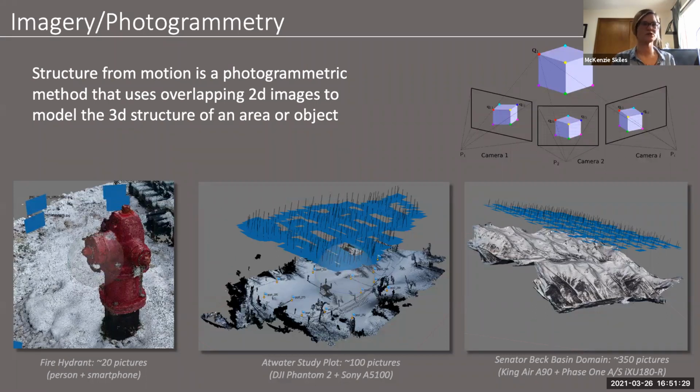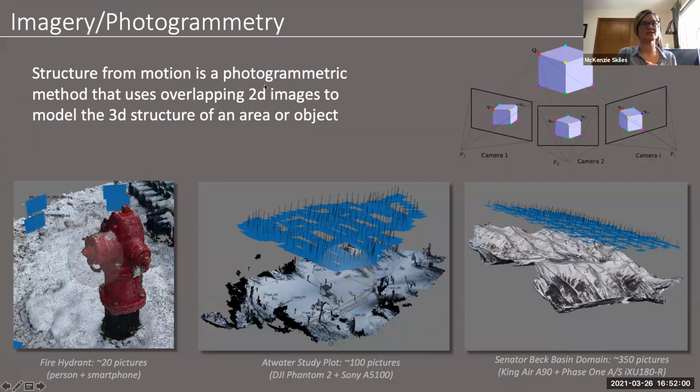This is a photogrammetric method that uses many overlapping images to model the 3D structure of an object or area. And a schematic of how this is actually done is over here. As you view an object from multiple angles, you can match the same point amongst those images, and it allows you to reconstruct the geometry of the scene.